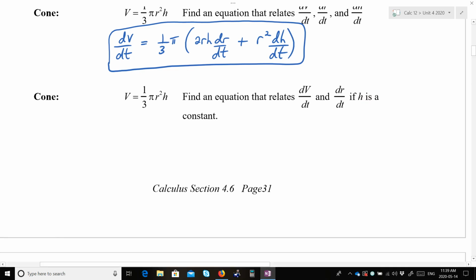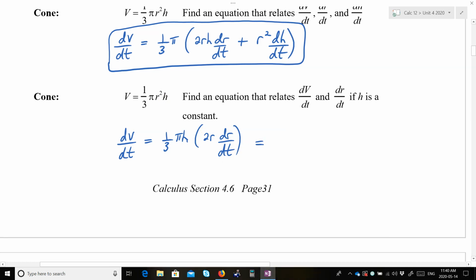Okay, so if h is a constant, then what you can do is differentiate both sides with respect to time. If h is a constant, then it can just come forward with all the other constants. So those are all constants, and then we would just be doing the derivative of r squared, which is 2r dr/dt.